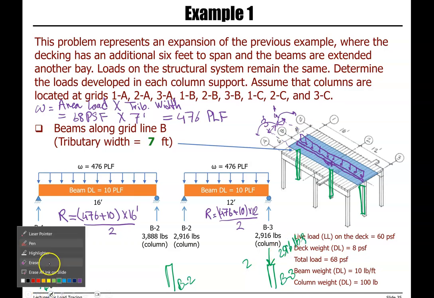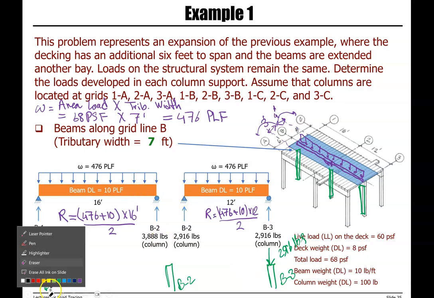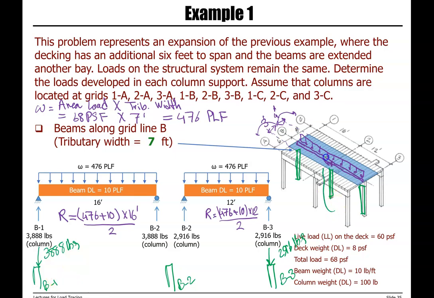But pay attention again, when we get to the middle column, this column here, we have two reactions. One from the left side, one from the right side. So we need to add them together to have the total load transferred to column B2.